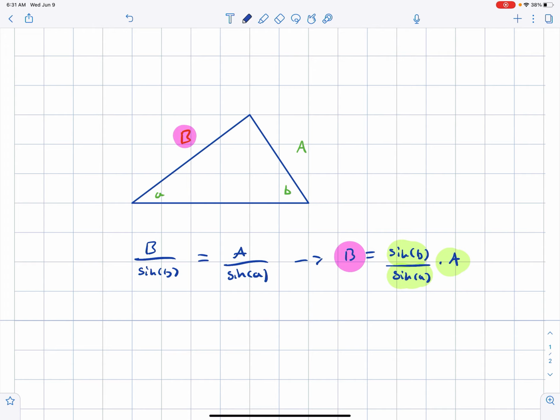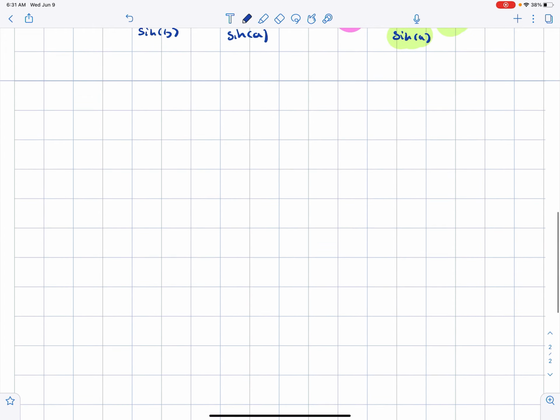Same thing if, let me just do one more of these and then we'll get to the proof. Same thing if I was missing an angle. If I was missing, say, let's call this little c is unknown, but big C is known, and big B is known, and little b is known.